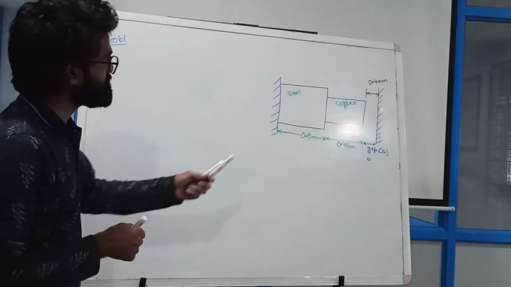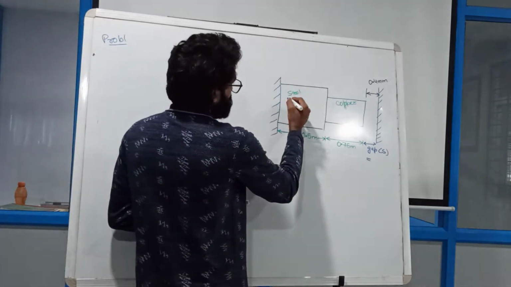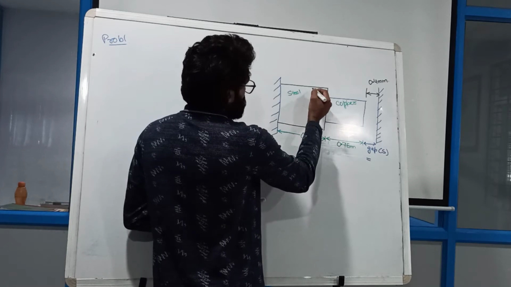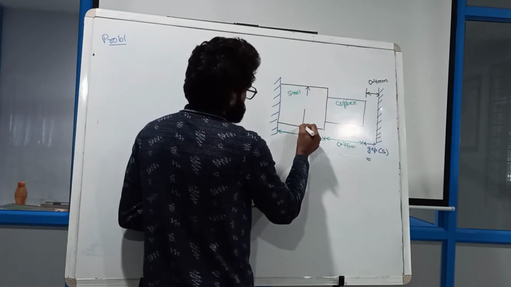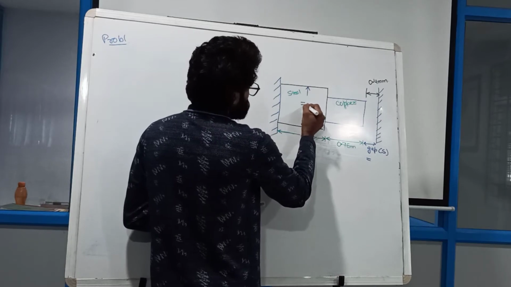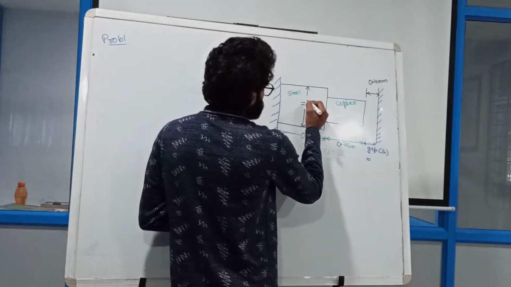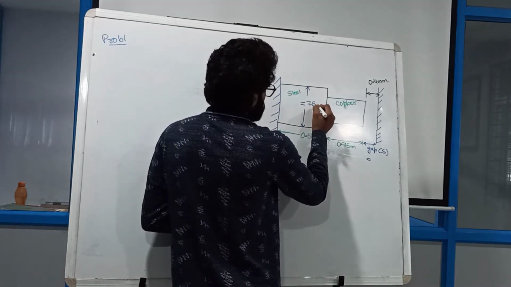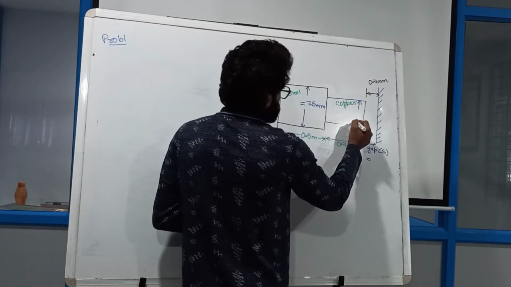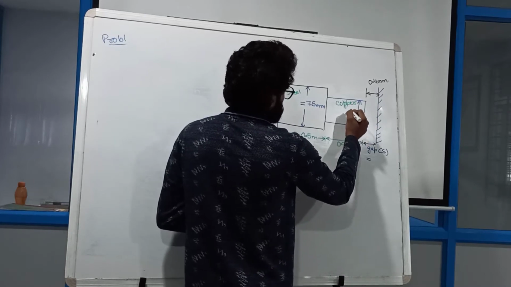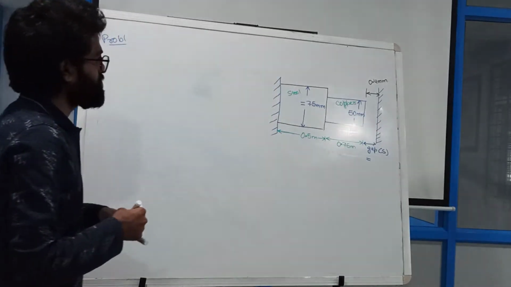Now for this steel they have given the E value. What is the E value for this? Before that they have given the diameter of the steel. The diameter of the steel is 75 mm, and they have given the diameter of the copper is 50 mm, right?